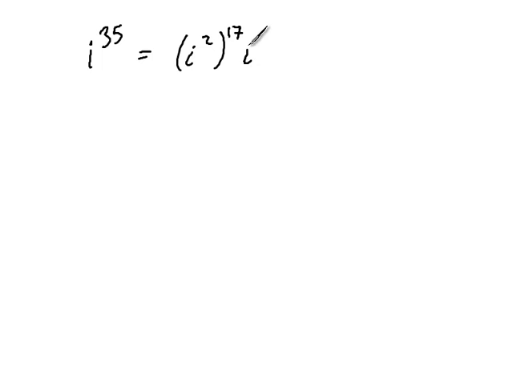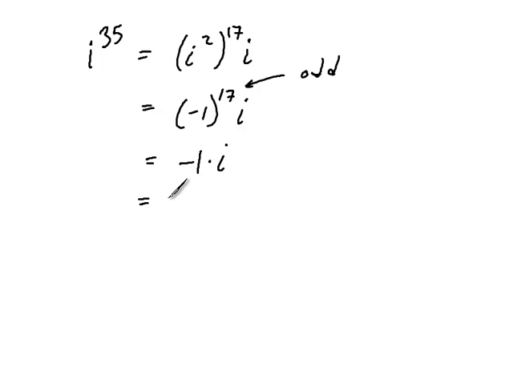So then you would multiply by an i to get 35, because you would add this exponent that's right here. So that's i to the 35th. i squared is negative 1. And 17 is odd. So negative 1 to an odd power is going to be negative 1, and then times i. So you get negative i.